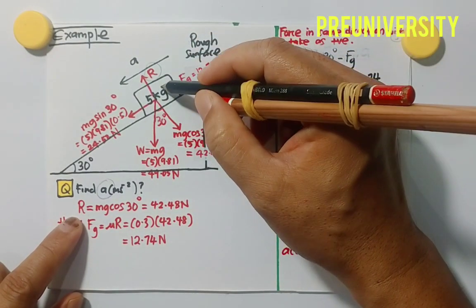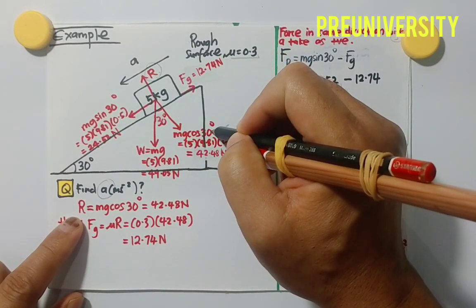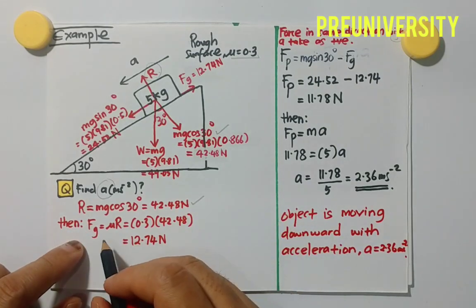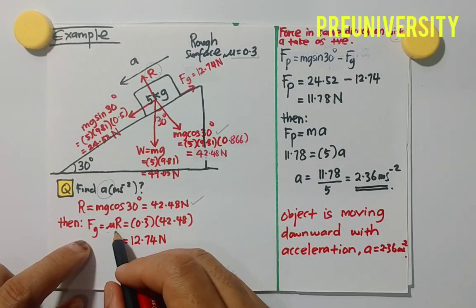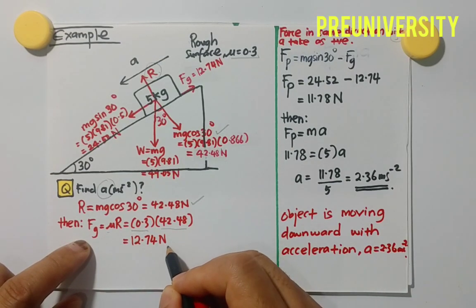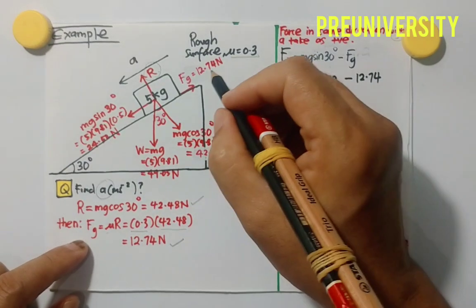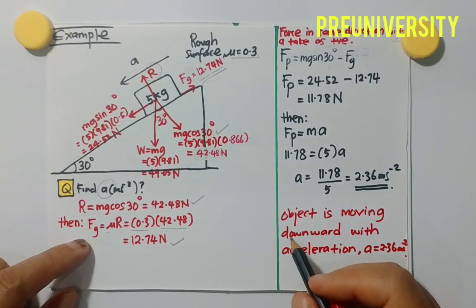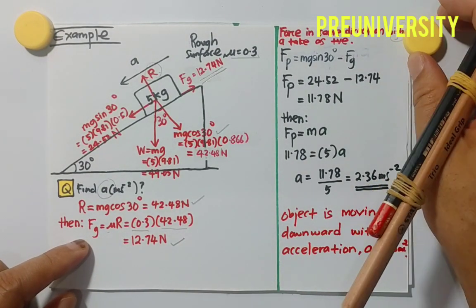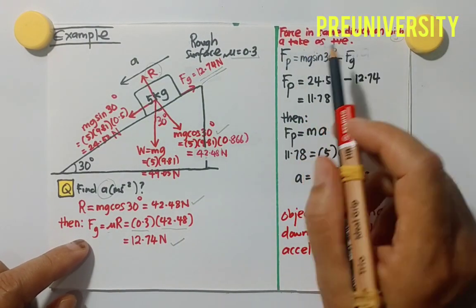R is balanced by the mg cos theta, so we can get 42.48 Newton. Then we have the frictional force mu R, 0.3 times 42.48, and then we have 12.74 Newton. So we have the frictional force. Okay, take notes: the force in the same direction as the a we take as positive.